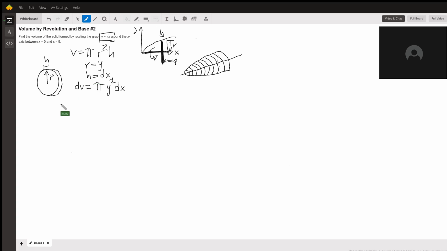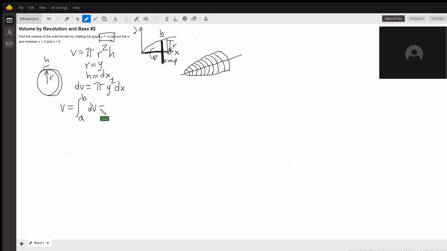So then the volume is equal to the integral from a to b of the infinitesimal volume.